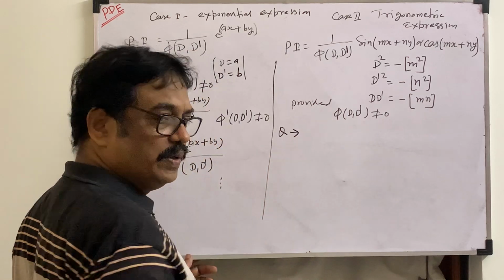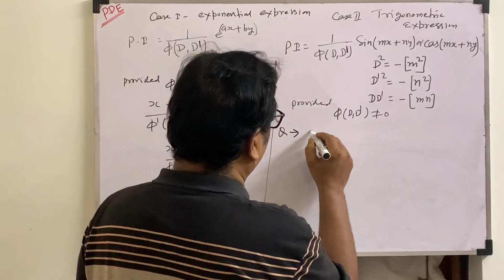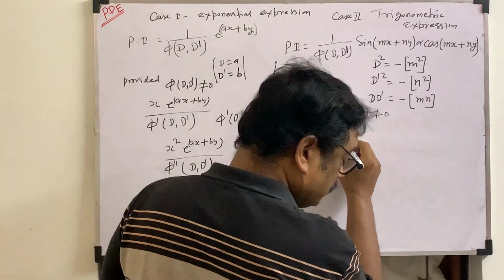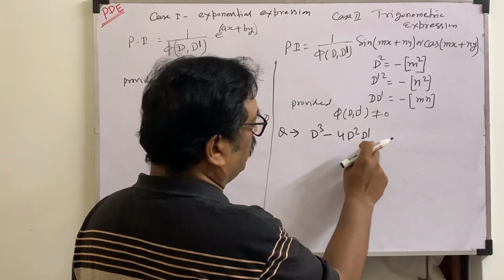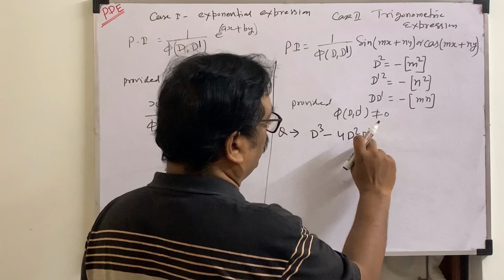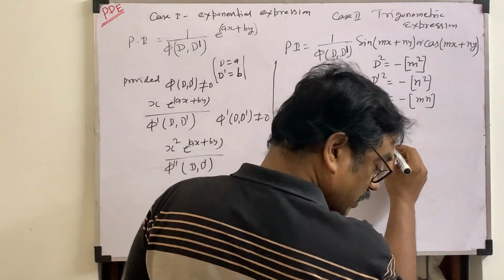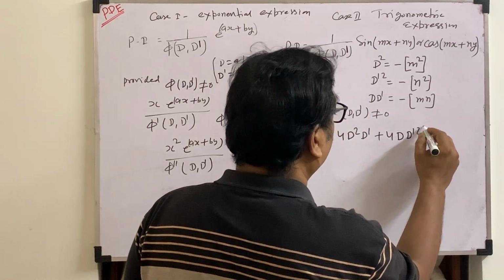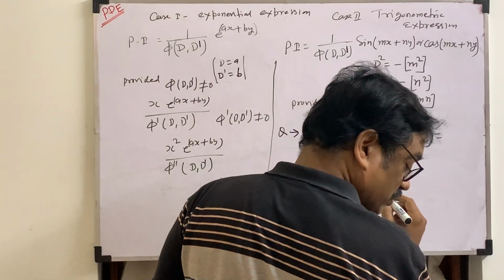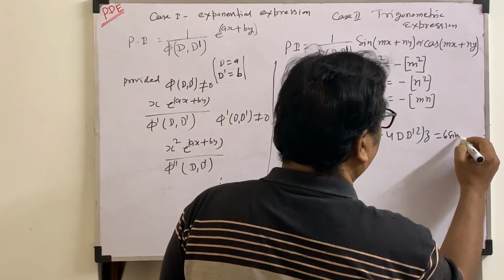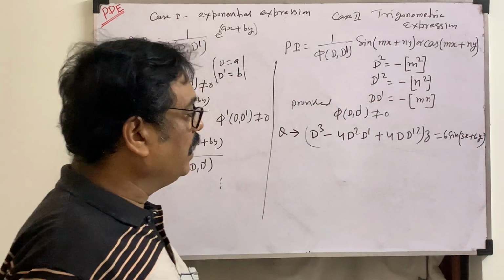D cube minus 4 D square D dash, because it is a 3-degree question, so D cube, D square, then D dash will be there, plus 4 D D dash square, z equal to 6 sin(3x plus 6y). This is the given RHS.